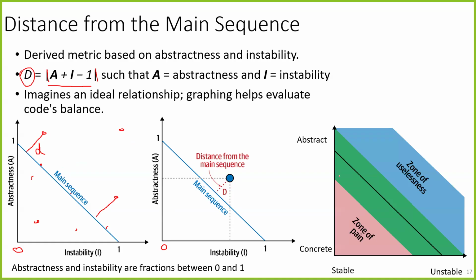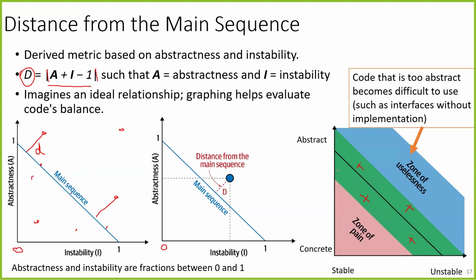And as we discussed in our previous class, if you end up somewhere here, your code base is really healthy. However, if you end up in this area, that is the zone of uselessness, because your code is too abstract, having little implementation.